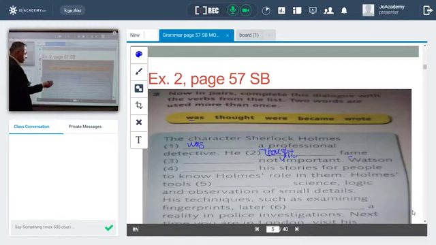Okay, so here we said Watson wrote. Sorry, here wrote is down. Here we need to write wasn't.